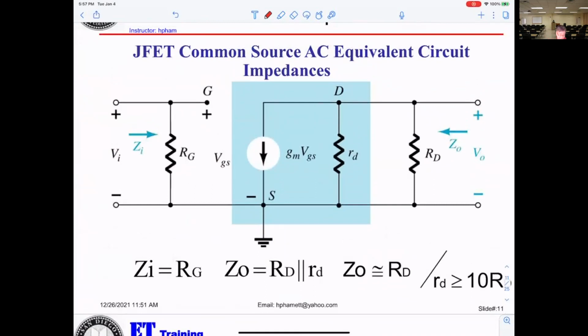They gave you G in equal RG, that's what we just did. Z out means RD parallel with small r d, the internal output resistance. But I said we don't care about that.